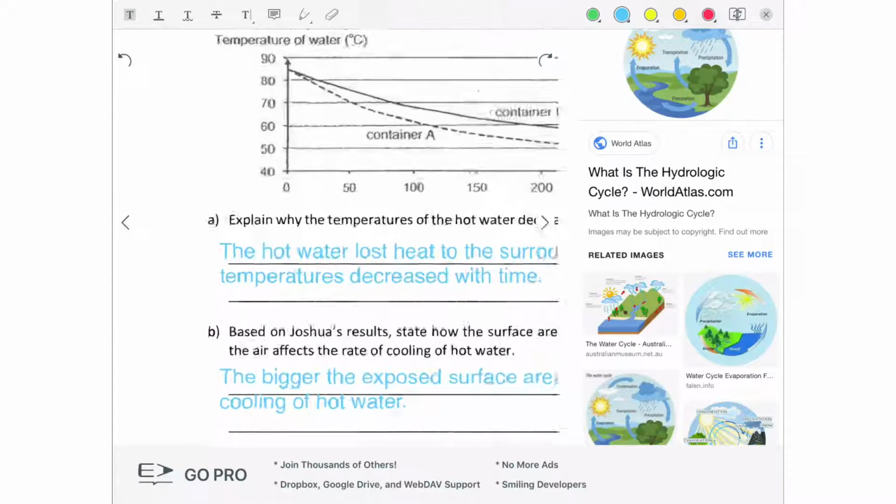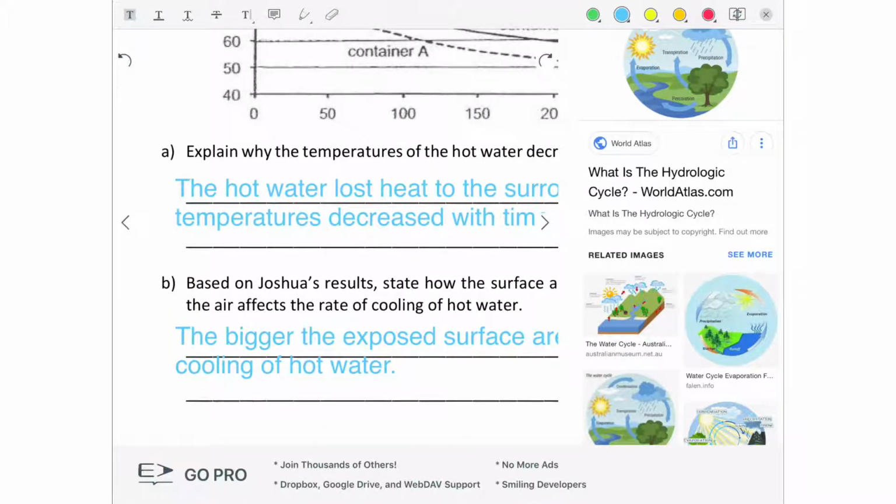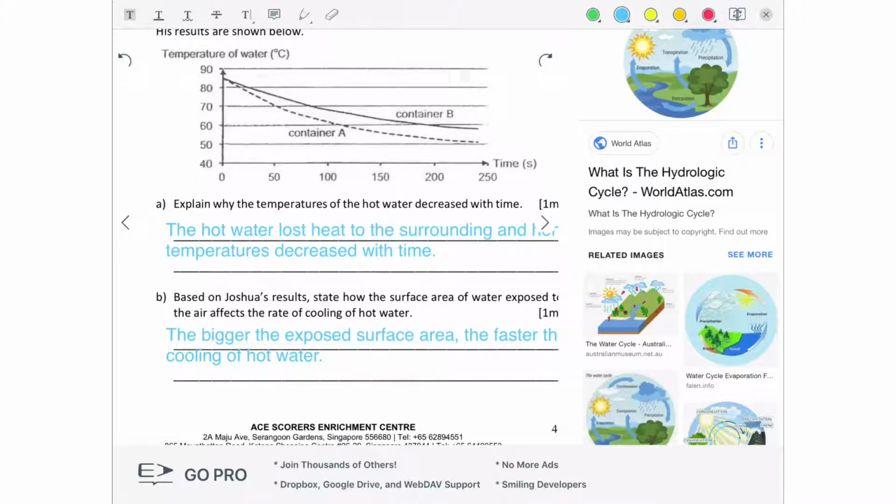Okay, now why do we answer this way? Because that's what the question is asking about. They're just asking what is the relationship between the rate of cooling and the amount of water exposed. Okay? So far okay? Easy or not?